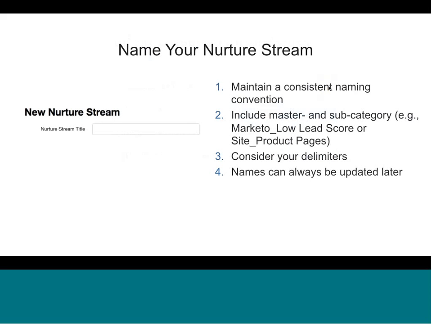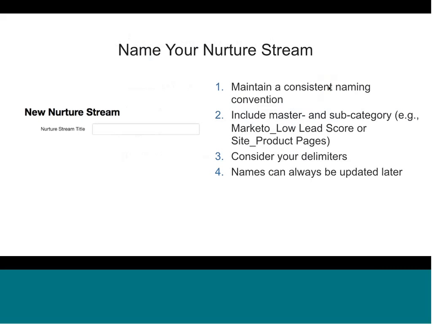Okay, so now into the editor. The first thing you'll see in the nurture stream editor is the nurture stream title. This sounds really basic, but I want to emphasize a couple of things here. I highly recommend maintaining a consistent naming convention. Depending on how complex your nurture stream strategy is, your nurture streams might fall into a couple of different categories. Let's say you're nurturing anonymous contacts, in terms of website visitors, and you're also nurturing some known contacts within your marketing automation database.